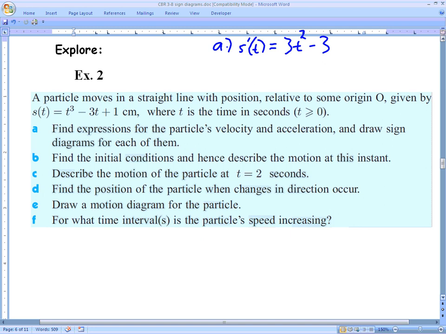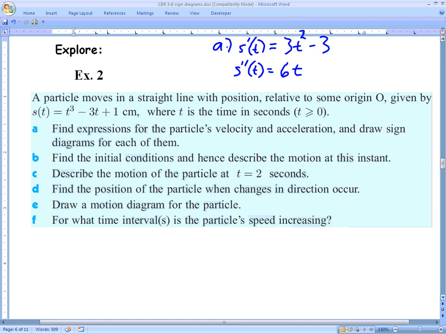And then my second derivative would be my acceleration, so s double prime of t. I multiply the exponent out front, and I get 6t as my acceleration. Draw sign diagrams for each of them.